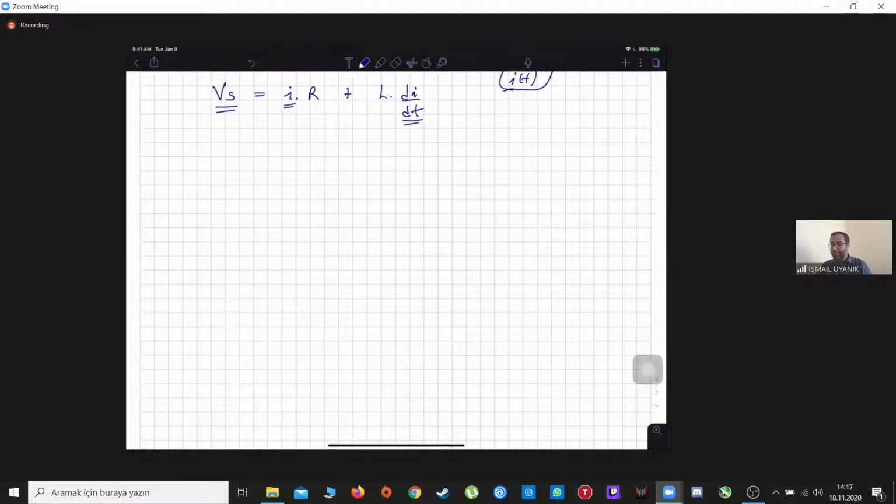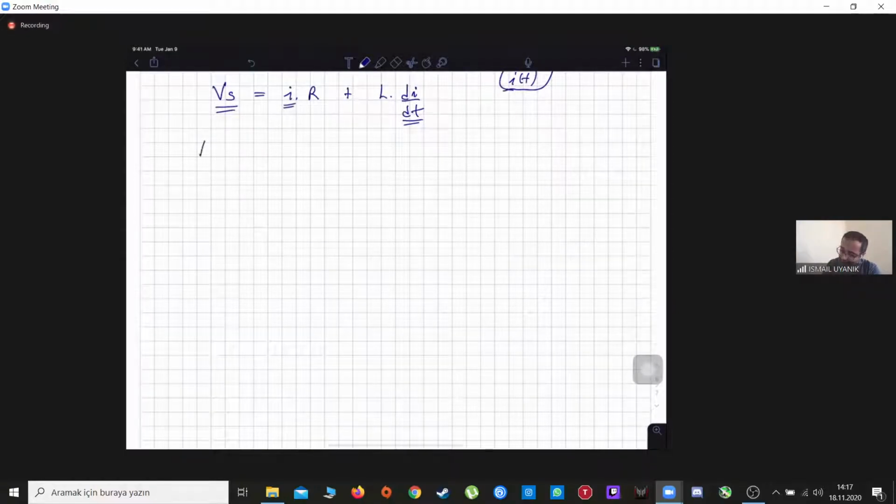The idea is I will put any variable related to I onto one side, and then I will take the integral. That is the general solution approach, and that was also the approach we used for the natural response. Let's do this as fast as we can. I will take that di/dt to this side.